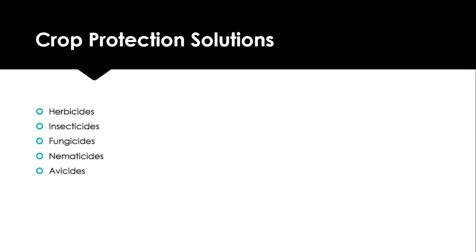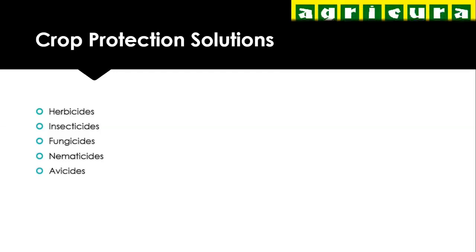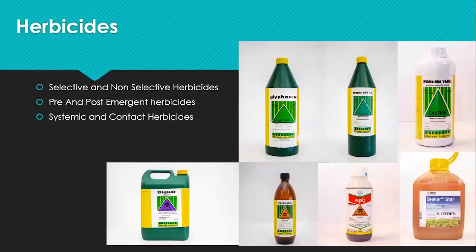We encourage you to visit our branches. So in terms of herbicides, this season, we have a wide range of all your generic herbicides. For example, we have selective and non-selective herbicides. For example, your glyphosate, which can be applied from 3 to 5 liters per hectare. It's non-selective and systemic.